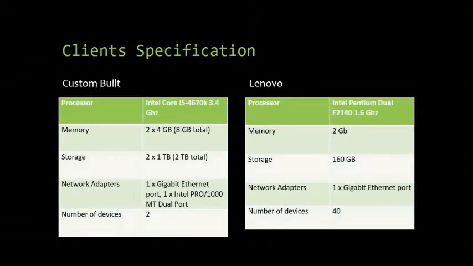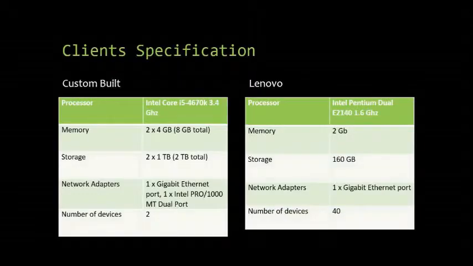This is the client's machine we use. The custom build, which has an Intel Core i5-4670K with 3.4 gigahertz, 8 gig of RAM, 2 terabytes of storage, 1 network adapter, and we use 2 of them.